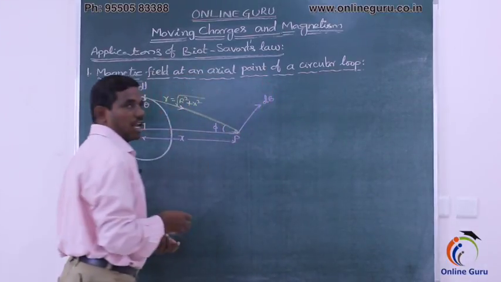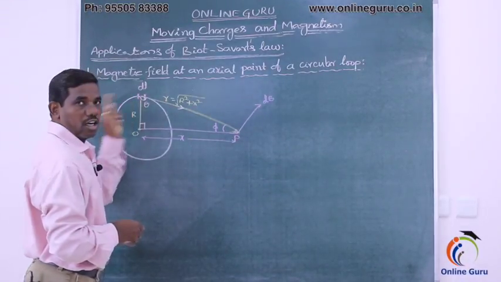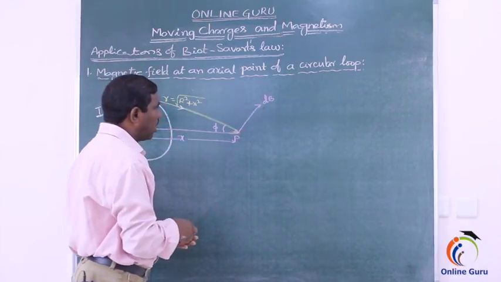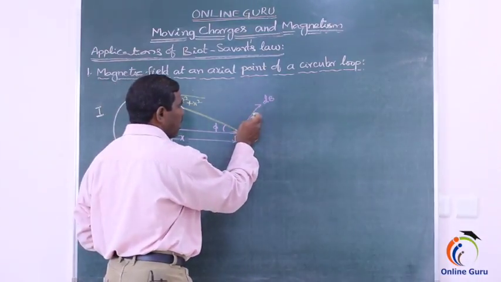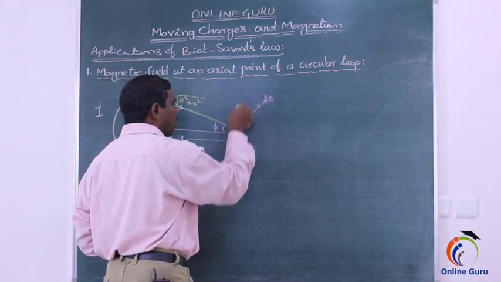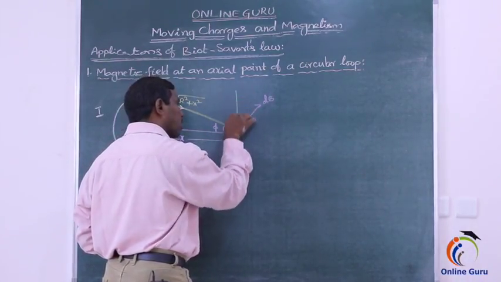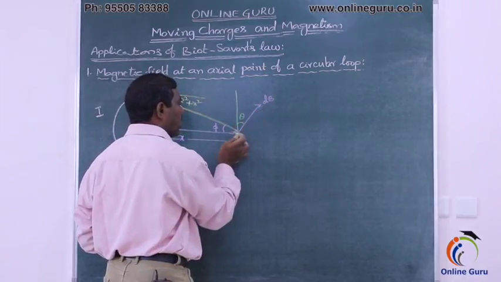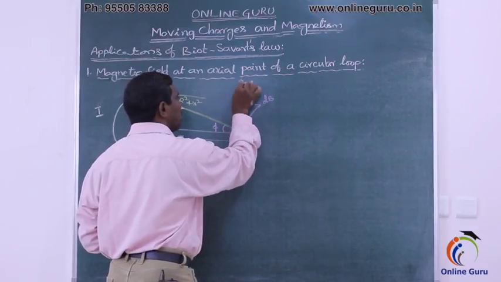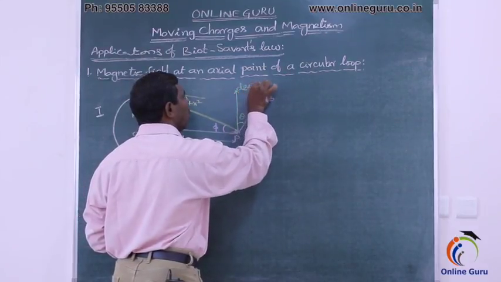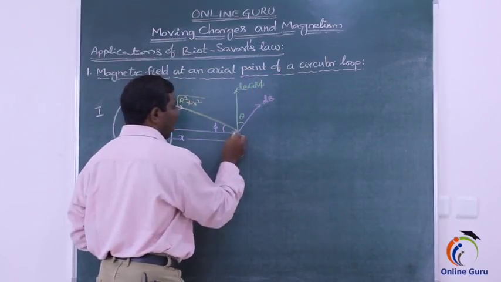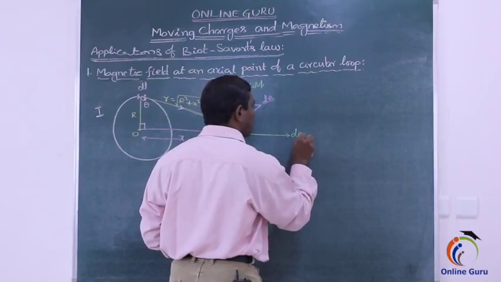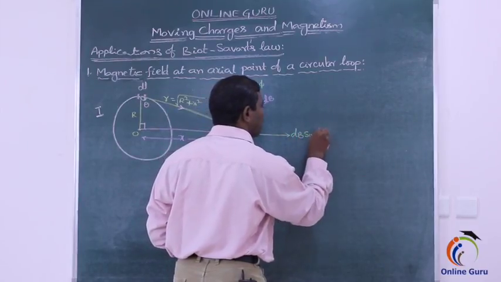It is perpendicular to the current element dl. This dB we can resolve into two components. The horizontal component of the magnetic induction dB at the point P is given by dB cos phi, and the vertical component is given by dB sin phi.